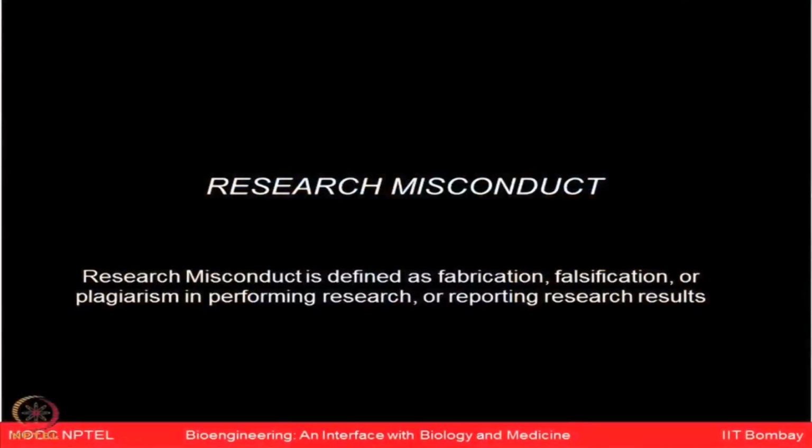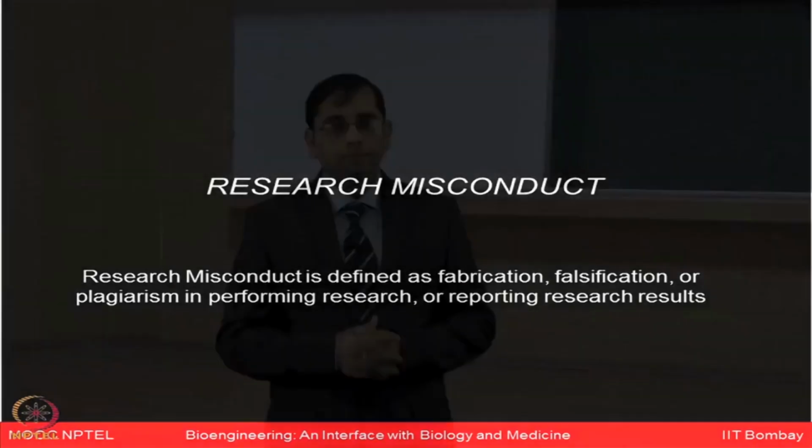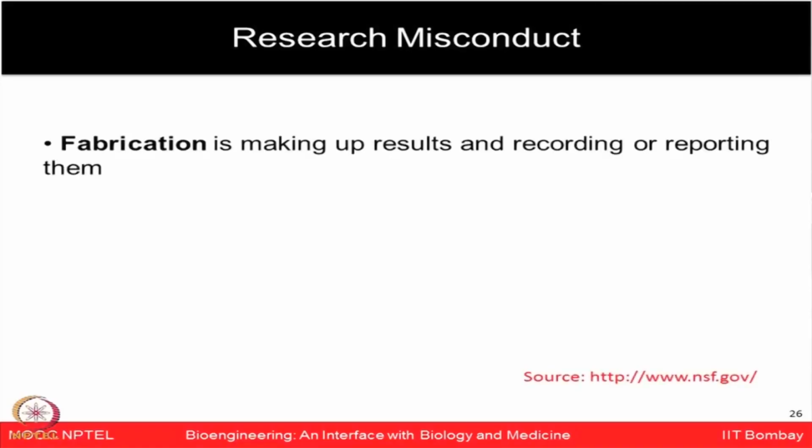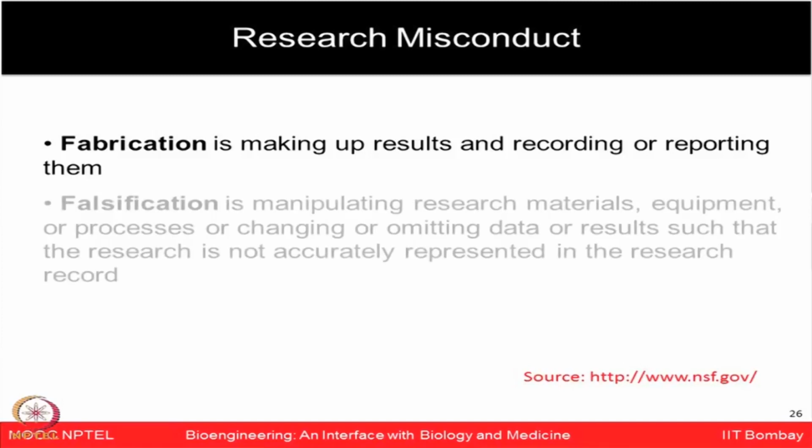So, what is research misconduct? Research misconduct is defined as fabrication, falsification or plagiarism in performing research or reporting research results. The National Science Foundation has defined these guidelines. Fabrication is making up results and recording or reporting them.